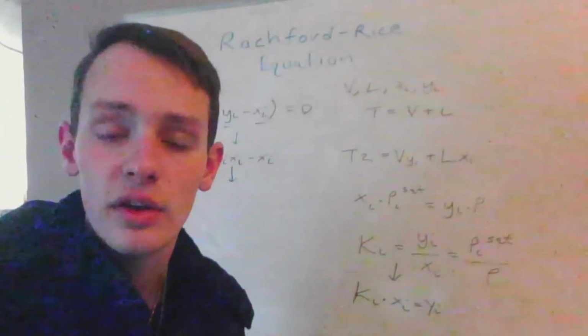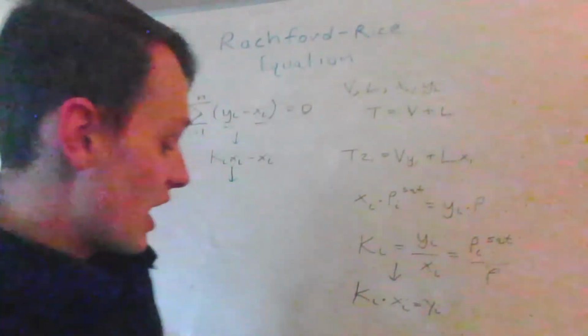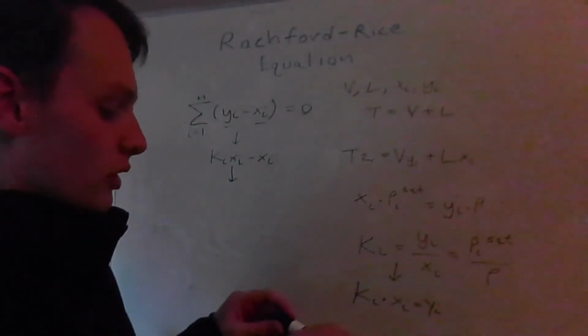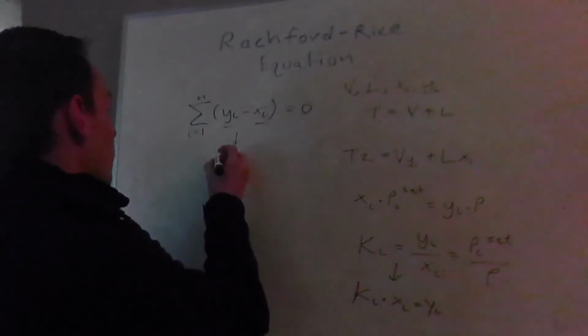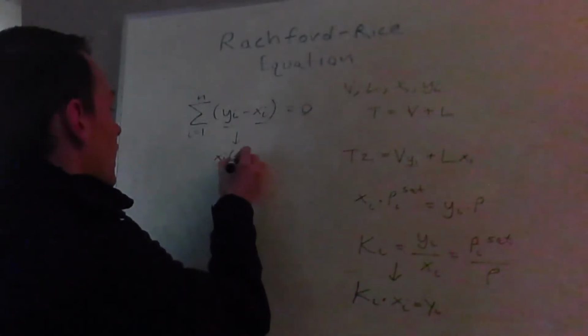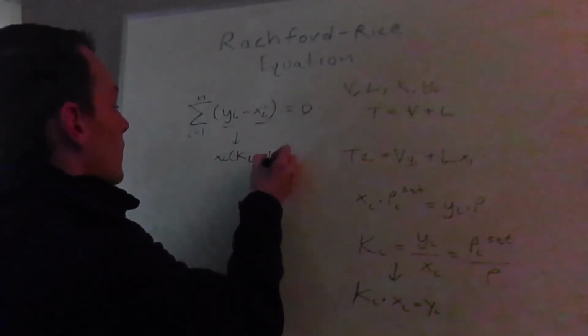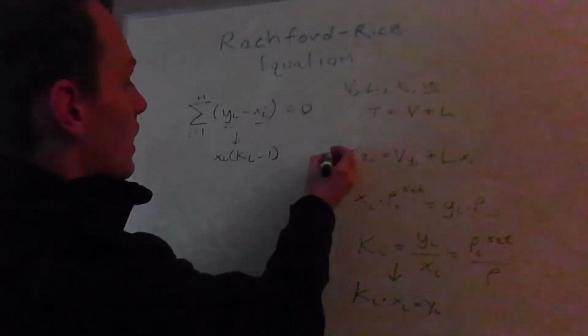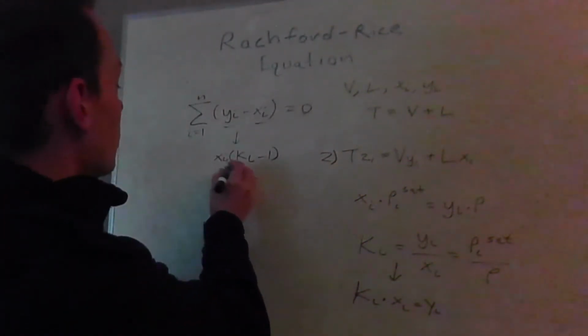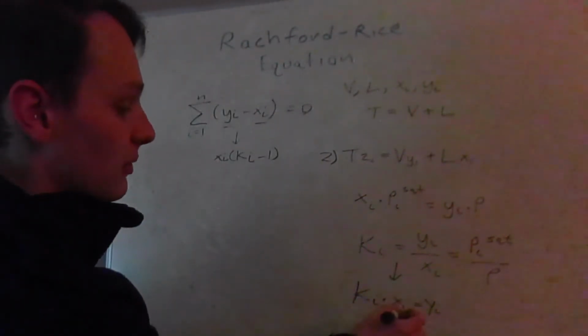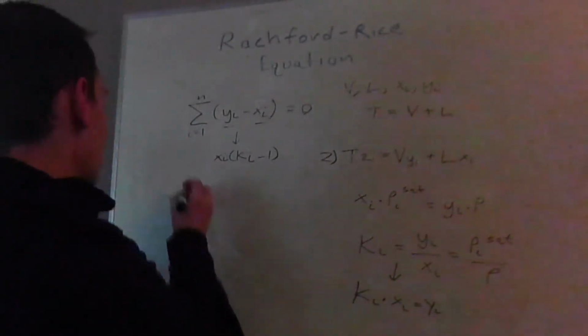Let's take a look at the second equation that we had before, which had a mass balance for the more volatile component. And actually, I want to factor out xi over here. That way we just see it once. So this would be xi times Ki minus 1. Okay, and this is the second equation that I'm talking about. So we can do the Ki times xi equals yi substitution again.